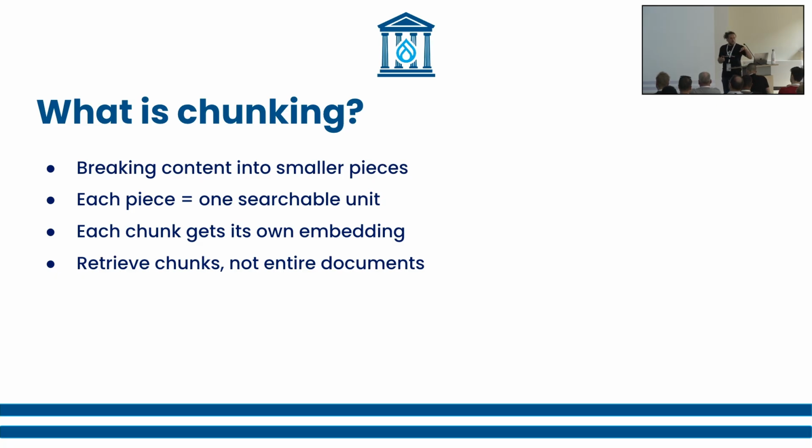And then when we do a search, we retrieve just the chunk that we need and not the entire document. We can load the entire document later if we need, but for the moment we get just the part that is important for us.